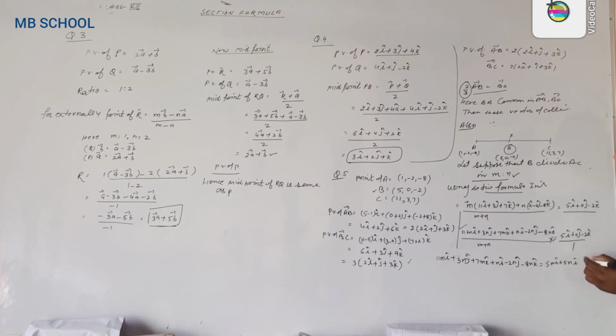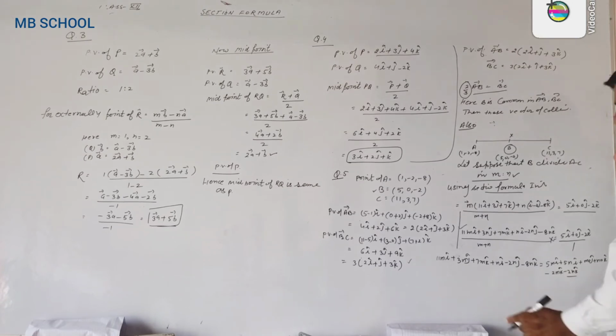Now multiplying by 0 we get 0mj and 0k. Now multiplying this, minus 2mk minus 2nk.